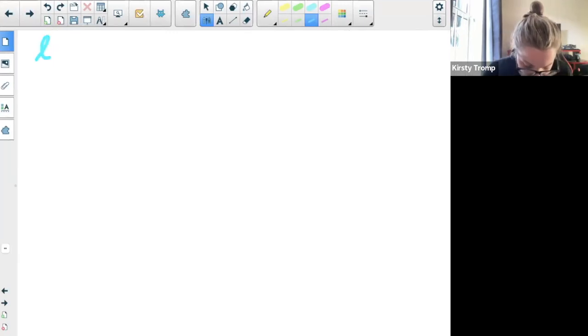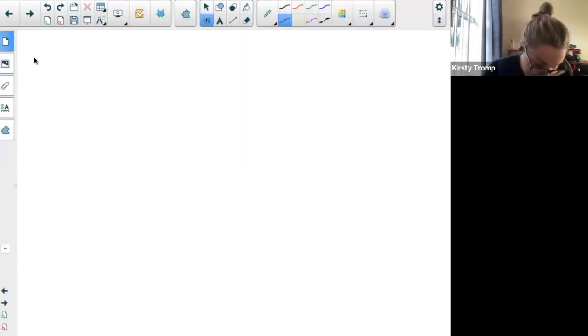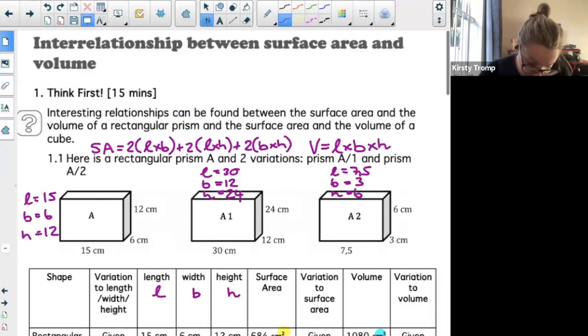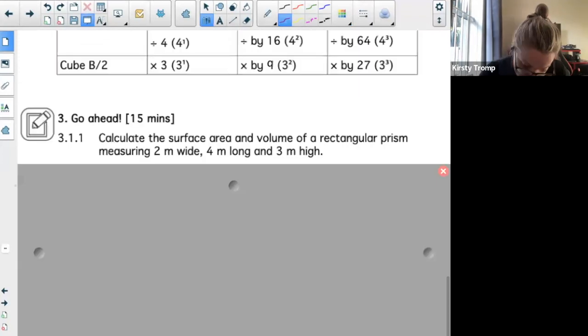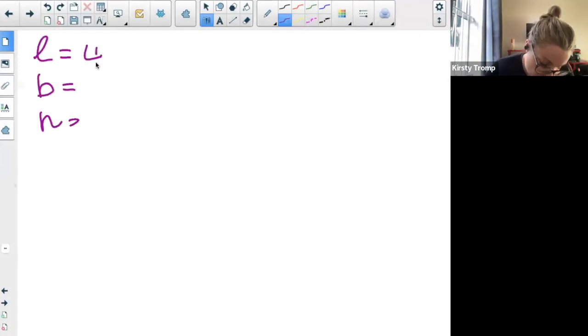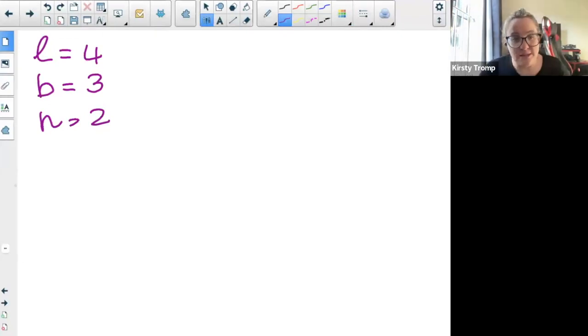We're going to have length, breadth, and height. They told me all the measurements, but ma'am's got such a bad memory. So 4 meters long, 2 meters wide, 3 meters high.